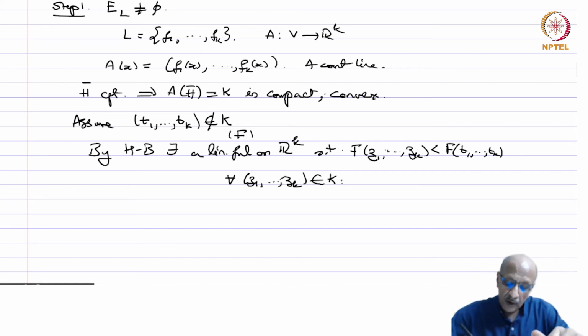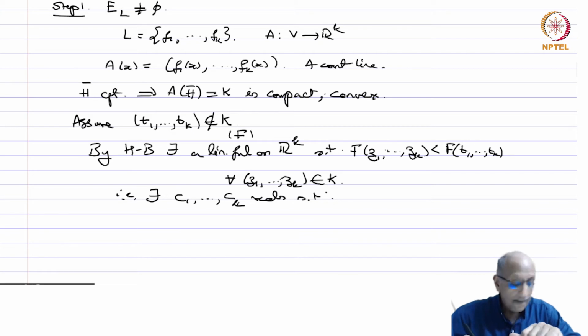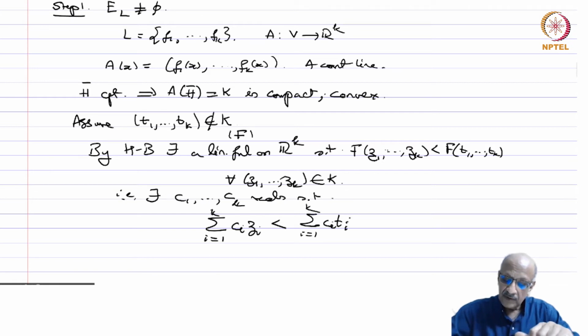Okay. So, but what is a linear functional on R^k? The dual of R^k is itself, and a linear functional is just a linear combination of these coordinates. That is, there exist c_1, ..., c_k reals such that the sum from i equals 1 to k of c_i z_i is strictly less than the sum from i equals 1 to k of c_i t_i. So, this is just the linear functional capital F. Okay. So, that is all the same.